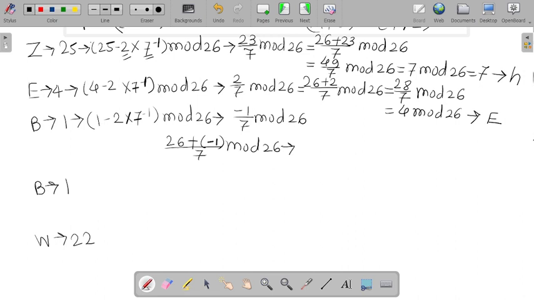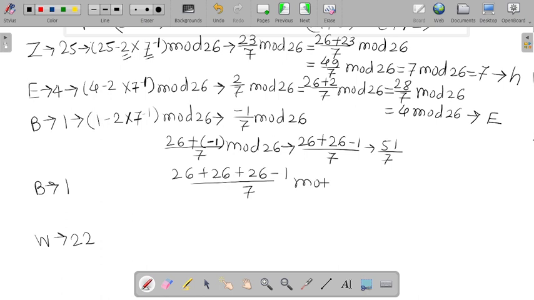That's why we add 26 one more time: 26 plus 25 gives 51, and 51 divided by 7 is again not divisible. So again we add 26.